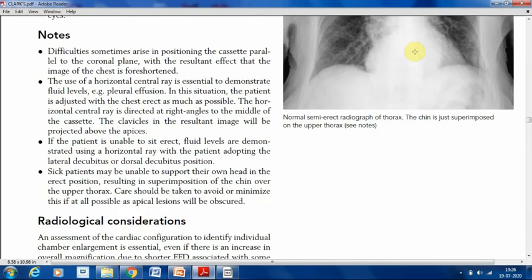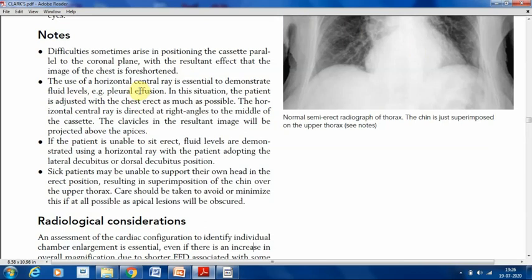This positioning is taken where the patient is not able to stand, as well as when pleural effusion or pneumothorax is suspected. These are the two reasons we take this radiography. That is what is mentioned here in the note. If there is a fluid level or pleural effusion, this view will be taken.